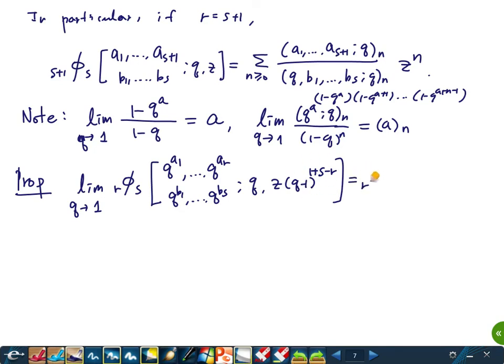This is equal to R F S, A1 through AR, B1 through BS and Z. So if you have an identity for a basic hypergeometric series, then by using this, you get an identity for hypergeometric series. The proof is simple, so I'm not going to do that.